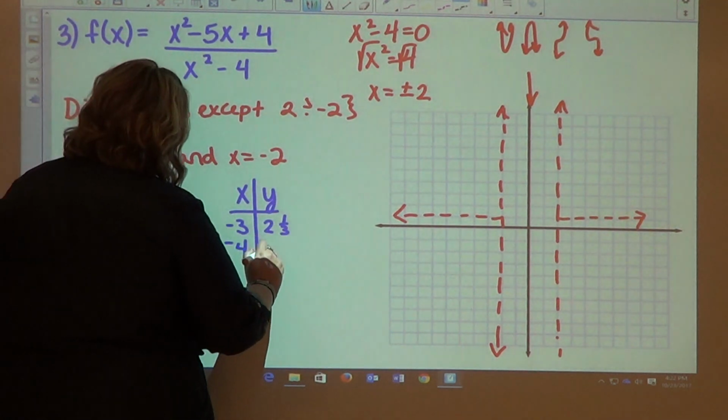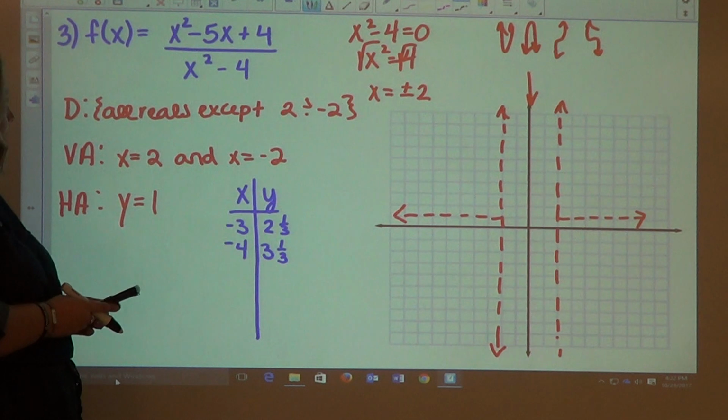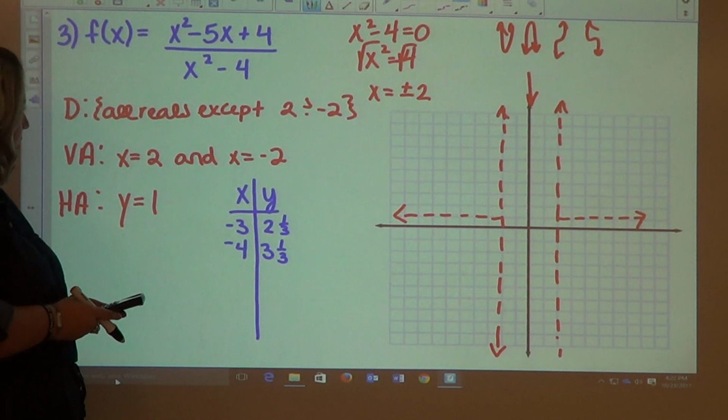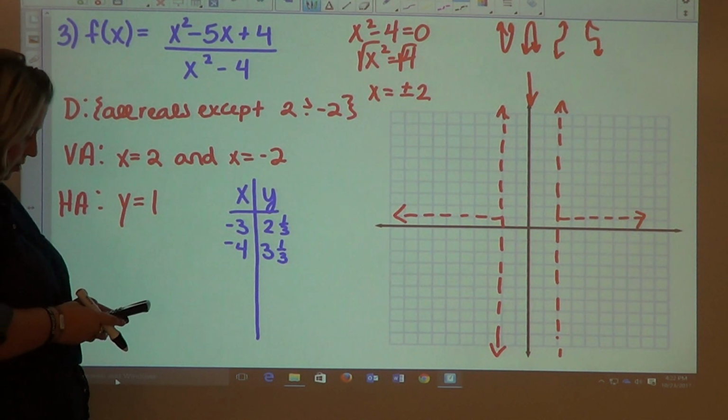This would give me 3 1/3. I'm not sure I did this one right, so I'm going to replug my -3 in. Don't remember if I divided correctly or not. Nope, I didn't.